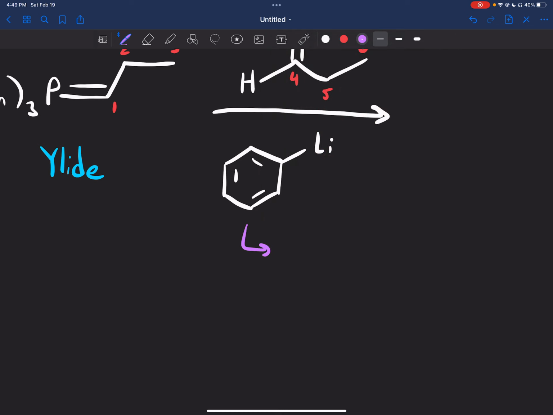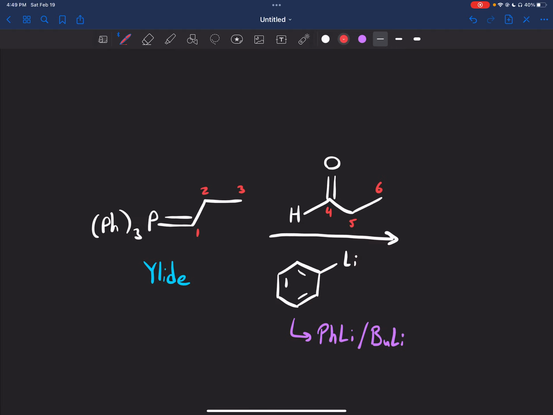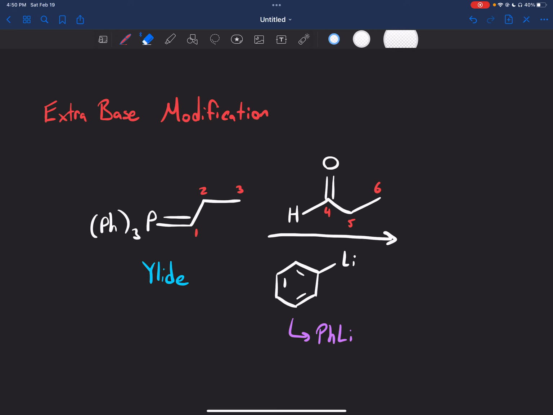It's commonly written out PhLi, or you could even have BuLi, like we did over there. In our case, when it comes to this version of the Wittig reaction, we call this the extra base modification. We're adding in an extra base, which is what PhLi is.